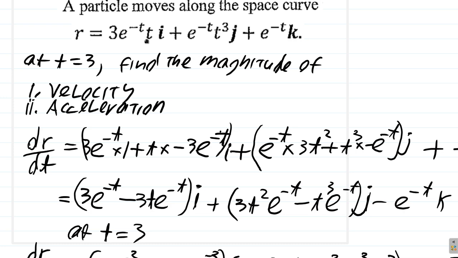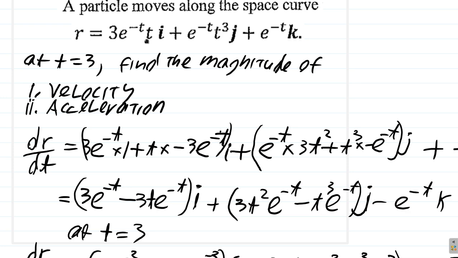Then after that you hold e to the negative t times the derivative of t cubed, which is 3t squared, plus you hold t cubed times the derivative of e to the negative t, which is negative e to the negative t. Okay, good.